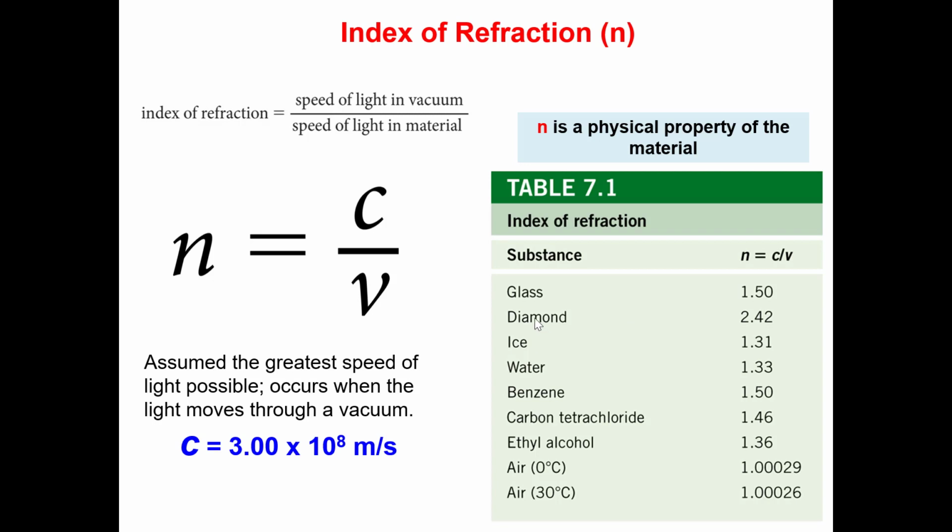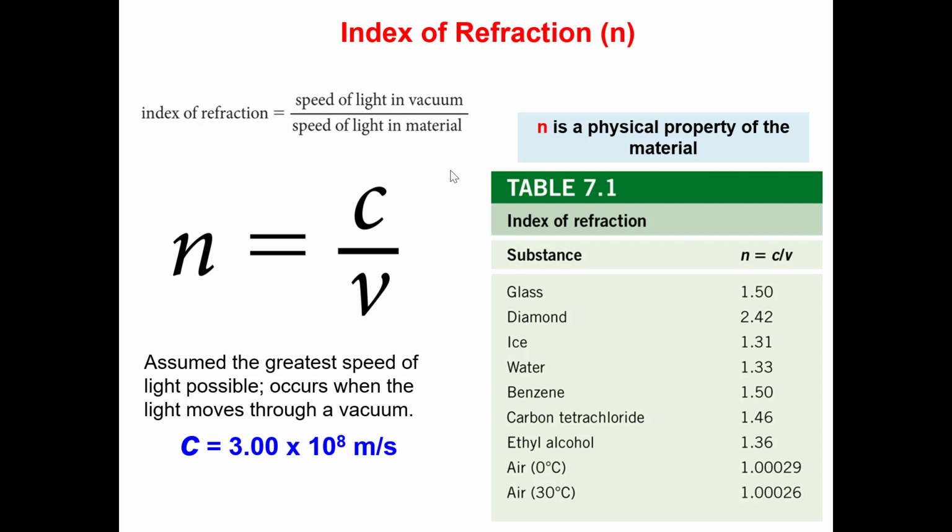The same is for diamond. To calculate the index of refraction of diamond, we need to divide the speed of the light in vacuum, which we know is 3 times 10 to the power 8, by the speed of the light in diamond.